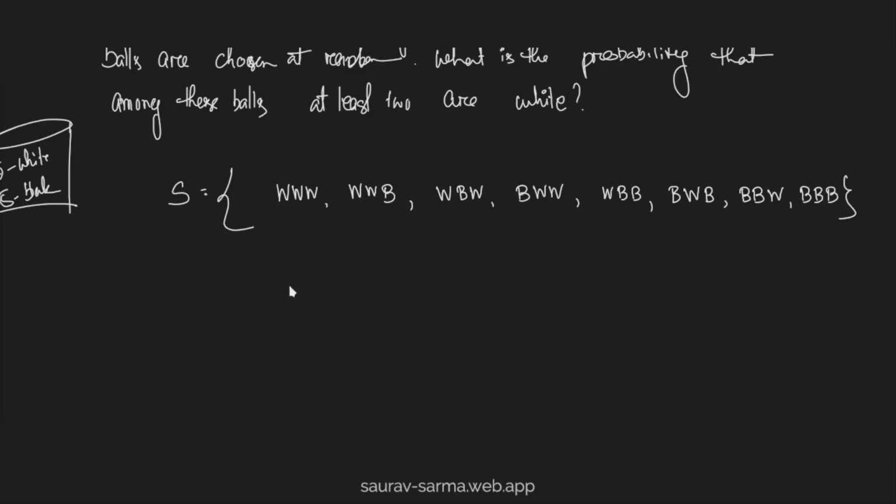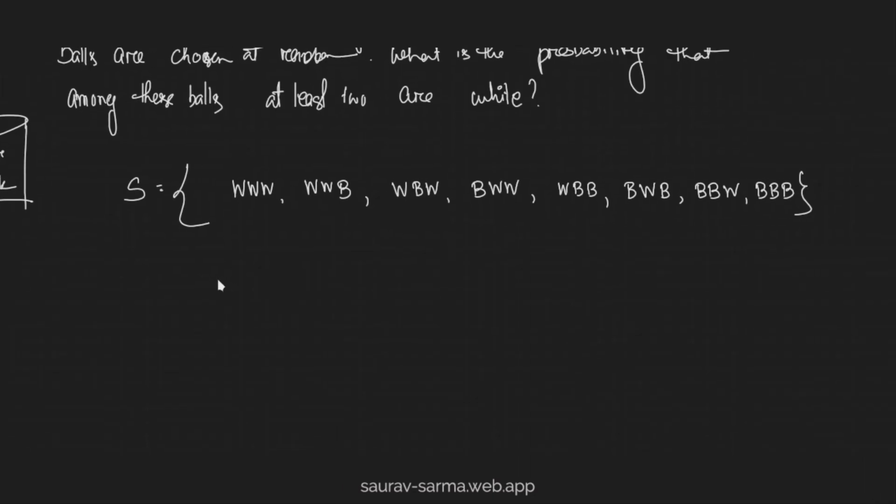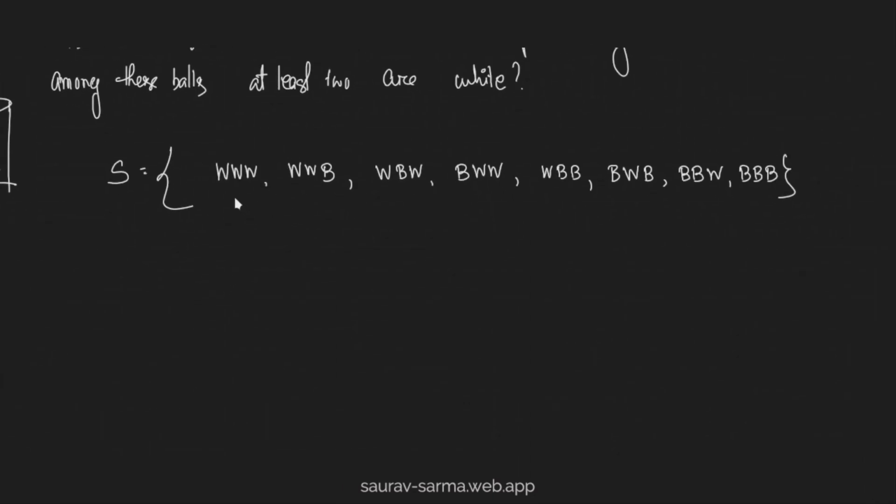So এতিয়া তুমি এই কেইটাৰ ভিতৰত যিকোনো এটা হ'ব পাৰে, any situation out of this 8. ইয়াৰ ভিতৰত আমাক লাগে যে probably there is at least 2 white. So 2 white means at least, so এইটো এটা. Right, this is all.